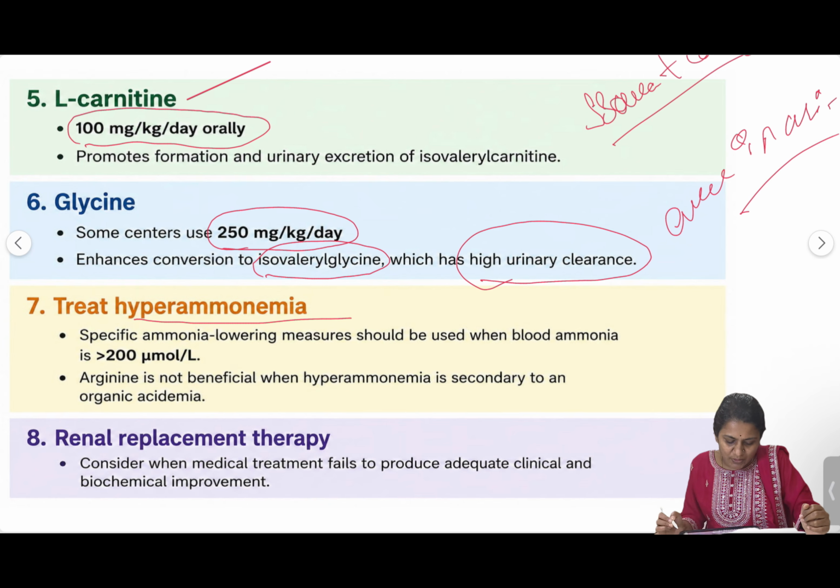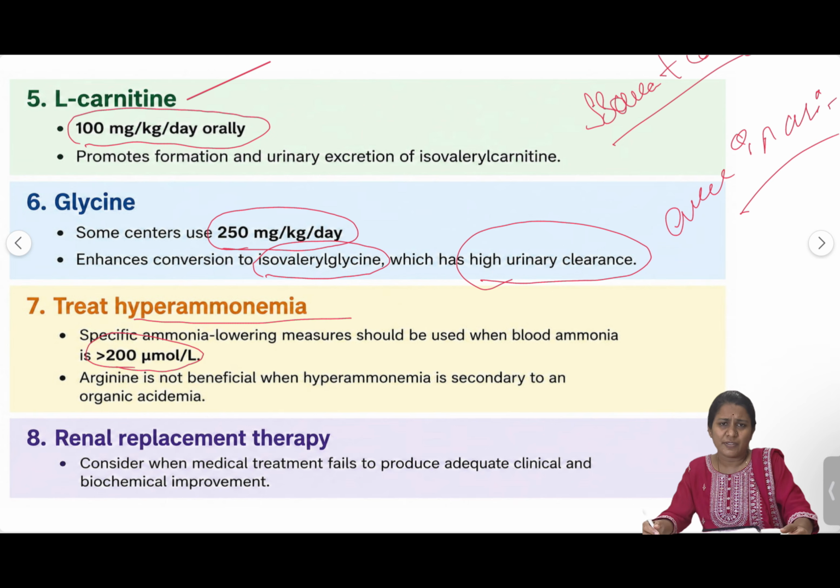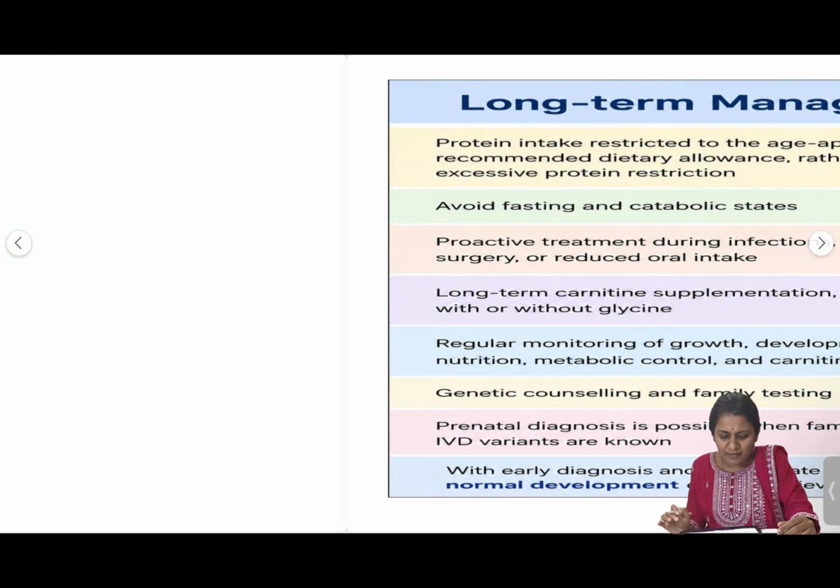I've already told, if the blood ammonia level is more than 200 micromoles per liter, you have to treat hyperammonemia, because there is so much acidosis. Even after medical management, if it is still not subsiding or the acute event has not come under control, go for renal replacement therapy.